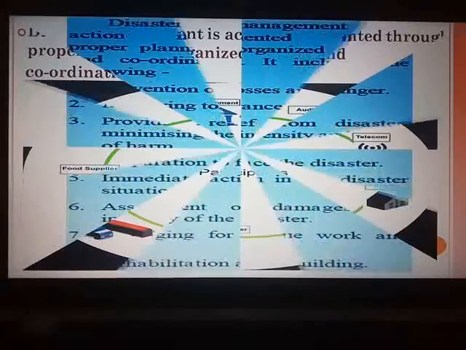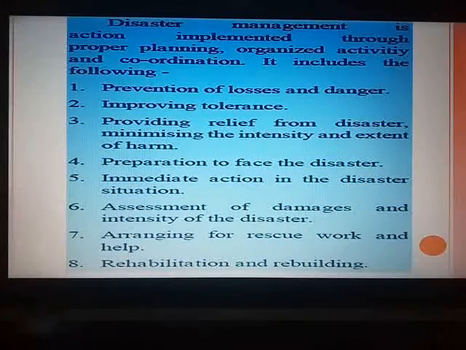Now the next points will tell us how management is carried out, in what ways, and what it includes. The first is prevention of losses and danger. Why does this management action have to be carried out immediately?